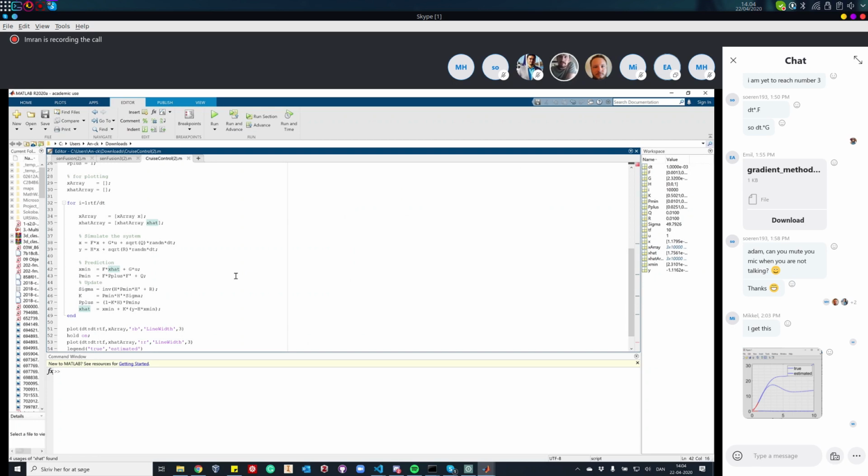So the last line, when you're updating the x hat, I would use x hat multiplied by your A matrix instead of x min. Okay.